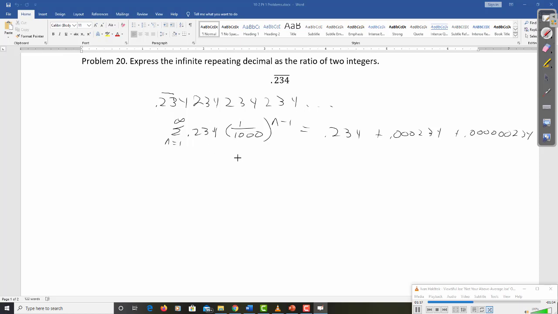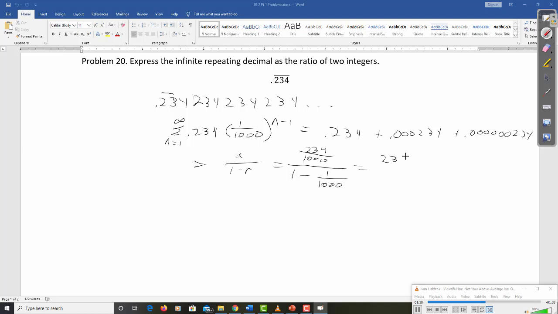So, using our rule, this equals a over 1 minus r. In this case, our a is 0.234, or I'm going to write it as a fraction, 234 over 1,000. And then on the bottom, 1 minus, our ratio is 1 over 1,000.